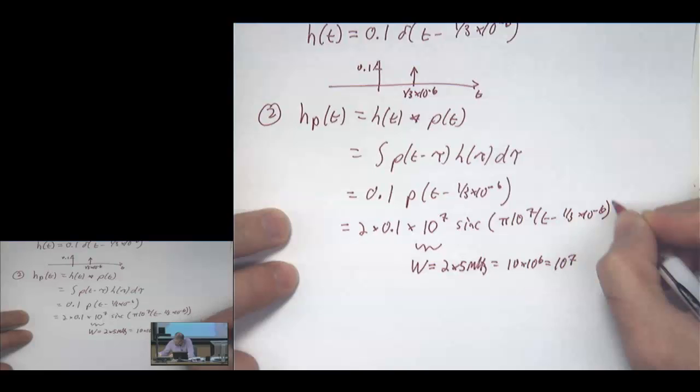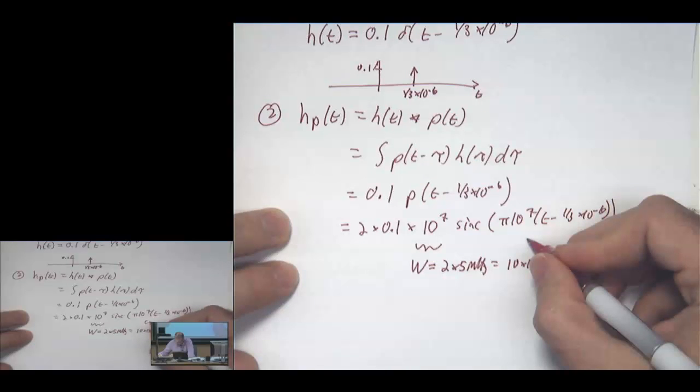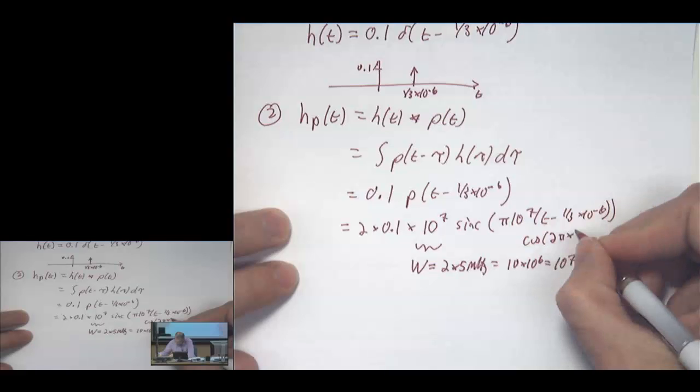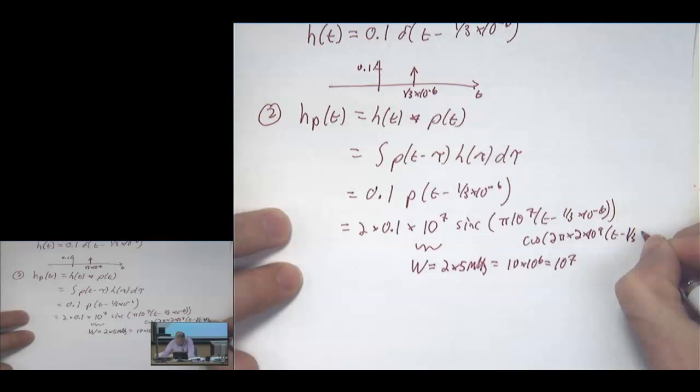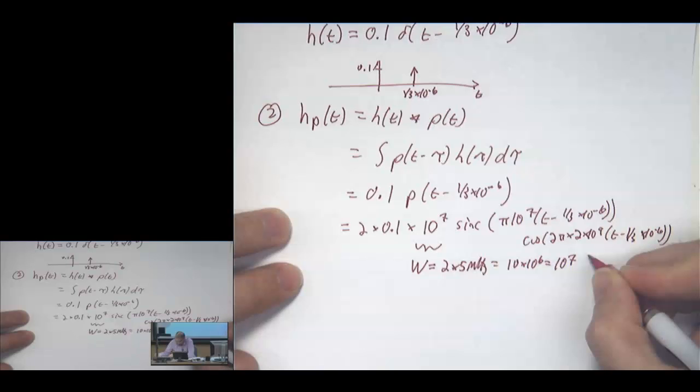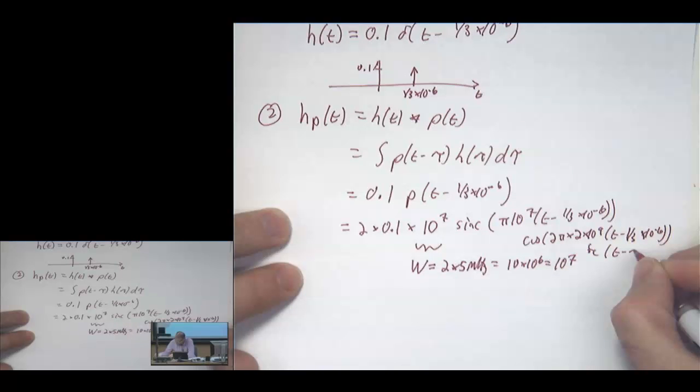And then we've got, sitting over here, cosine of 2 pi times 2 times 10 to the 9th. That's our carrier frequency, t minus 1/3 times 10 to the minus 6 here. So that's f sub c, and that's t minus tau d here.